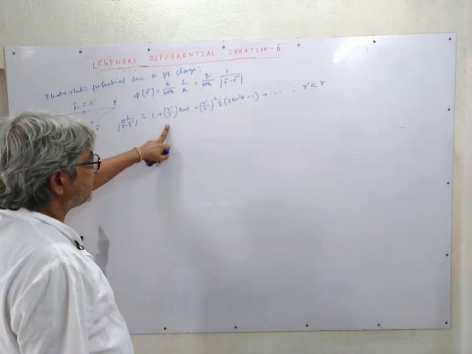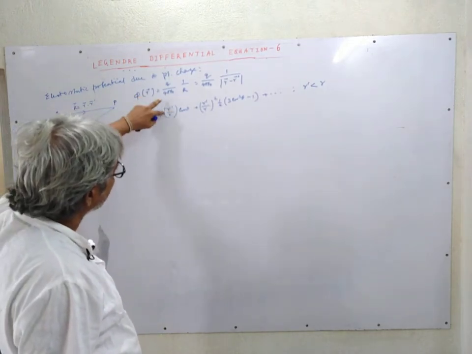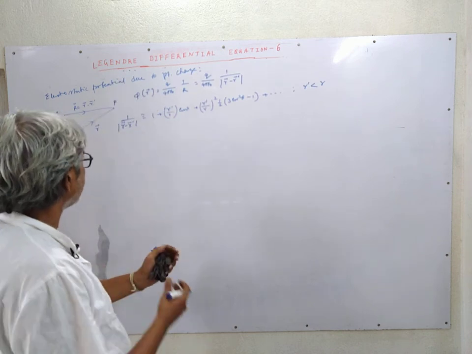If r is less than r prime, the smaller of these two will appear in the numerator.